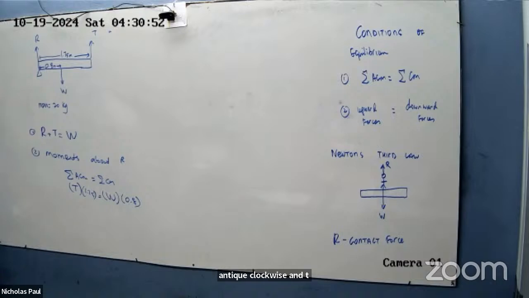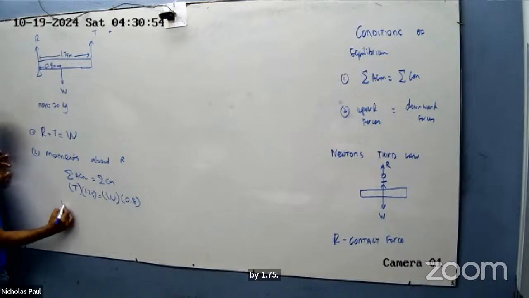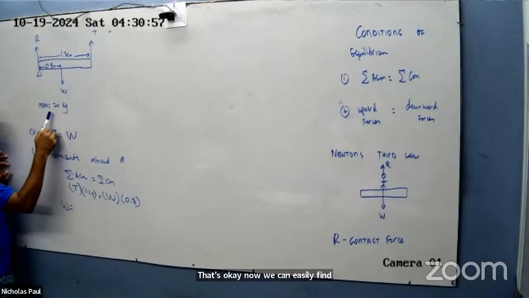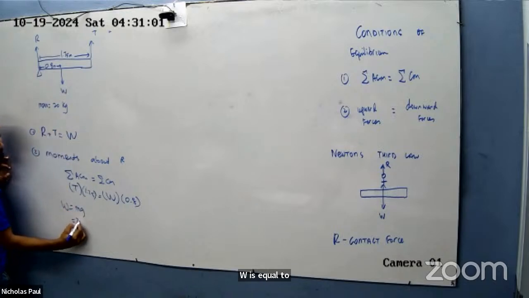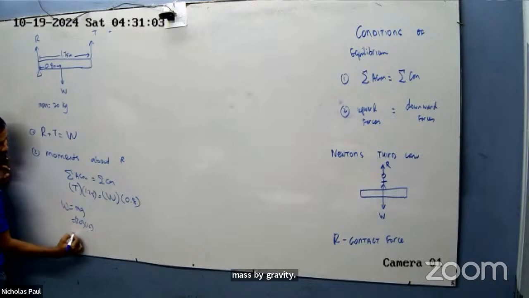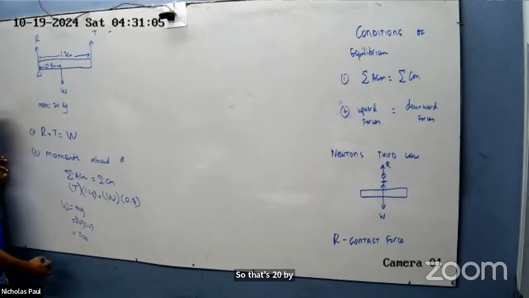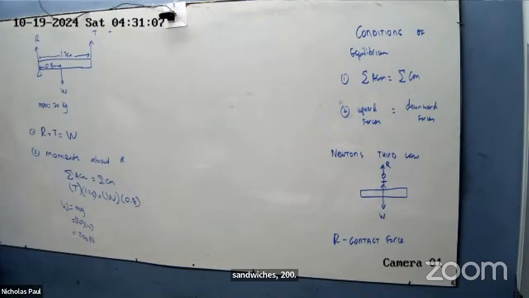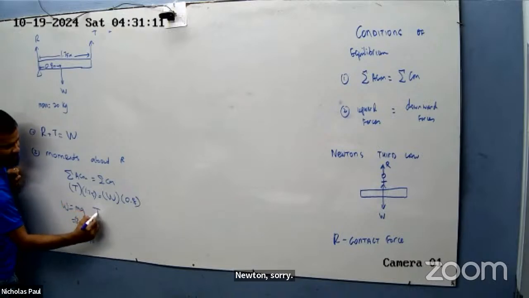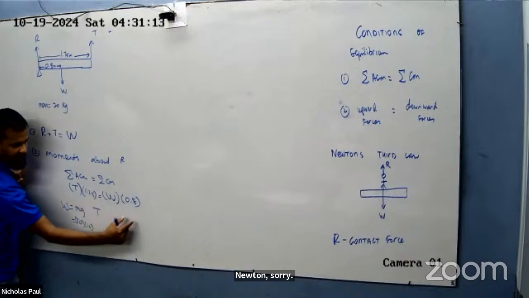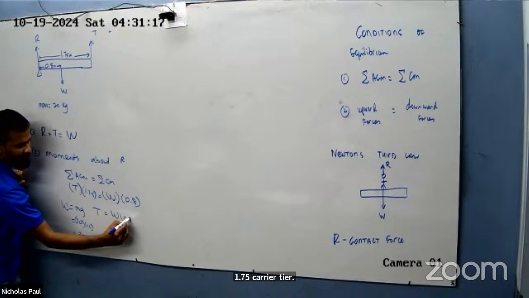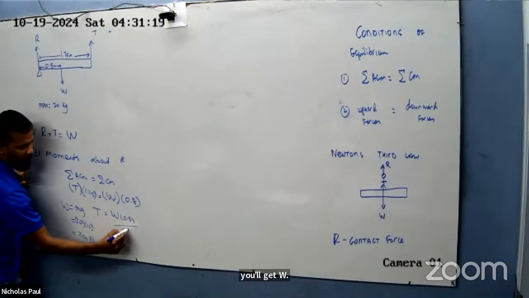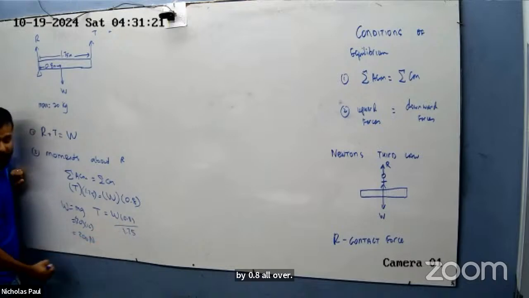Now we can easily find W. W is equal to mass by gravity. So that's 20 by 10, which is 200 newtons. And then we can find T. You'll get W by 0.8 all over 1.75.